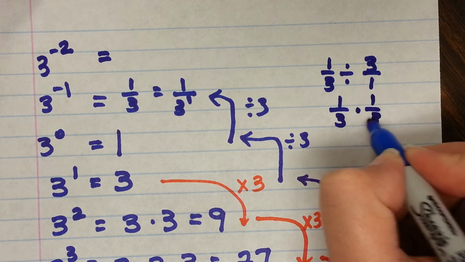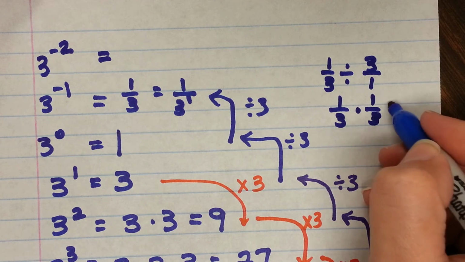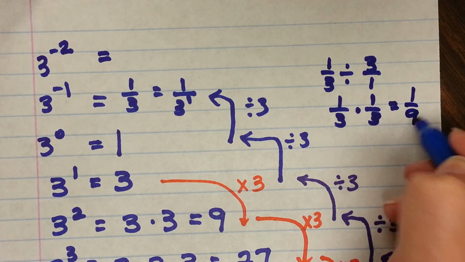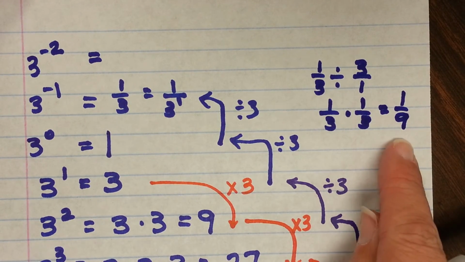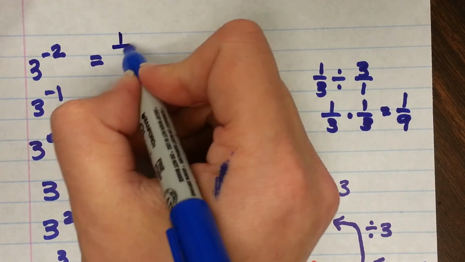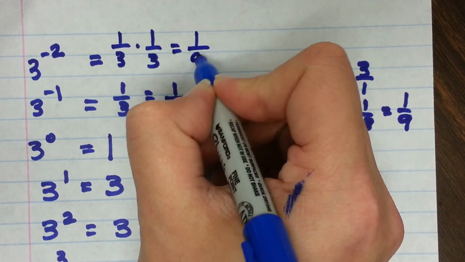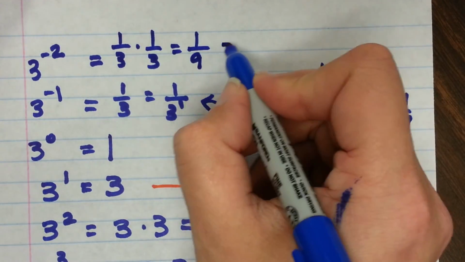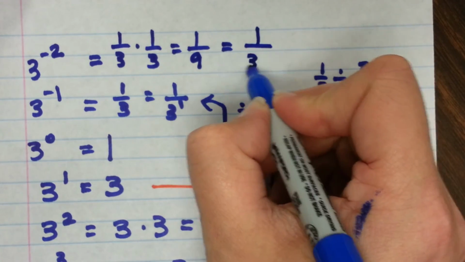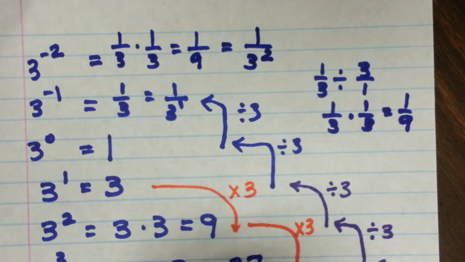Remember, we changed it to multiplication by the reciprocal, which would give us 1/9. Notice I have 1/3 times 1/3, which is 1/9. Or another way I could write that is 1 over 3 to the second power.